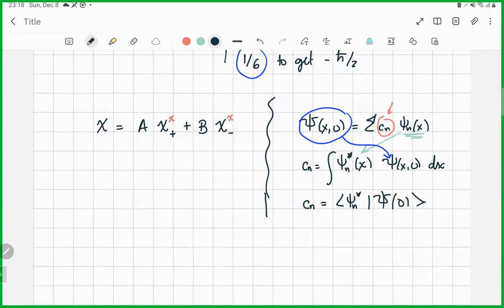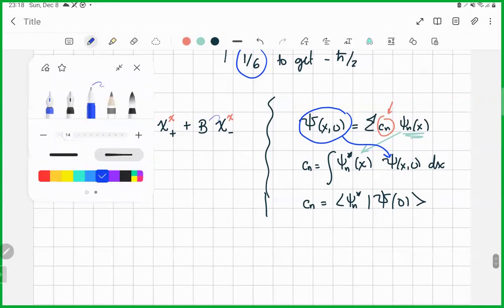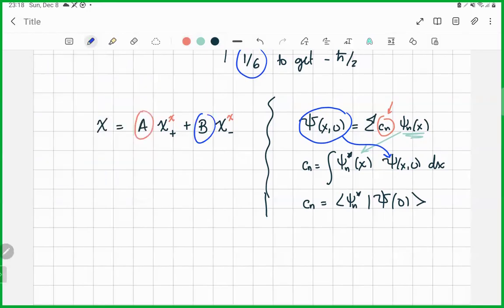All right. Okay, so we can use the same method, the same procedure here to find this A and this B. Okay, so what does it mean, use the same procedure?